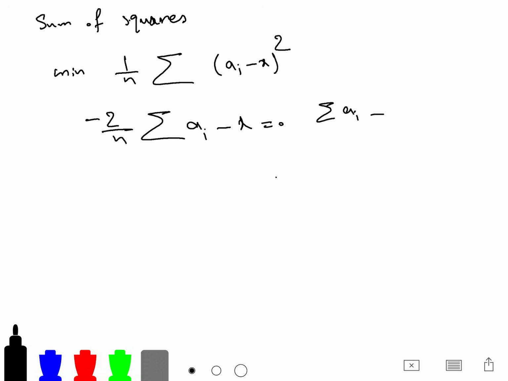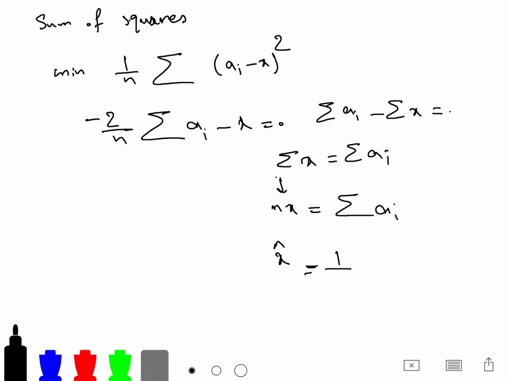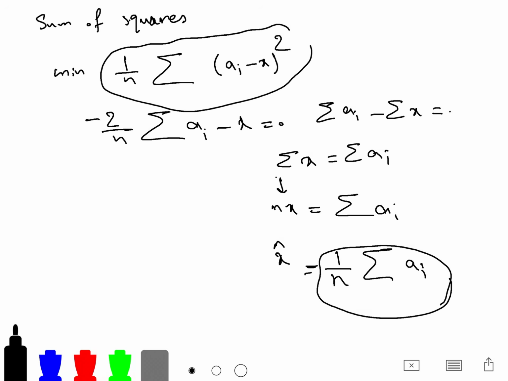Solving for this, you get that n times x equals the sum of the a_i, so x hat is 1 over n times the sum of a_i. So the mean of the a_i is important, especially if your objective function is differentiable. I will show you that if it is not differentiable and has some special form, then this would not be the mean, it would be the median.